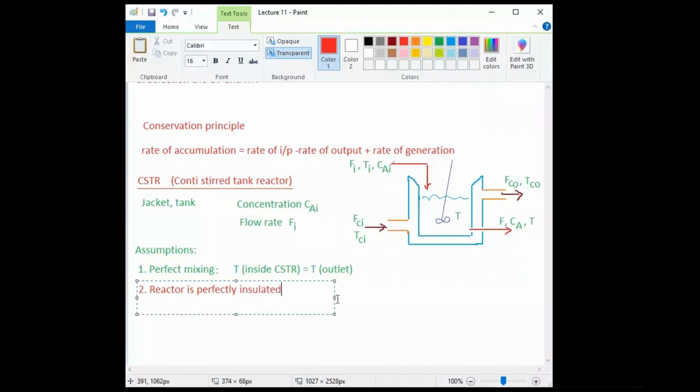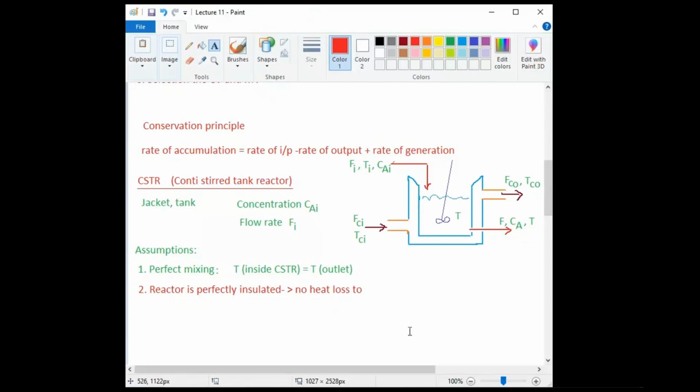So what does it mean? That there is no heat loss to the surroundings. Yes, I have written here that the reactor is perfectly insulated. That means there is no heat loss to the environment, to the surroundings, right?